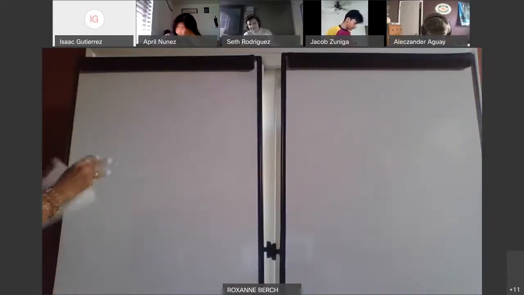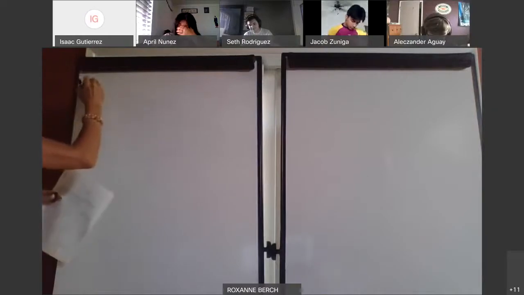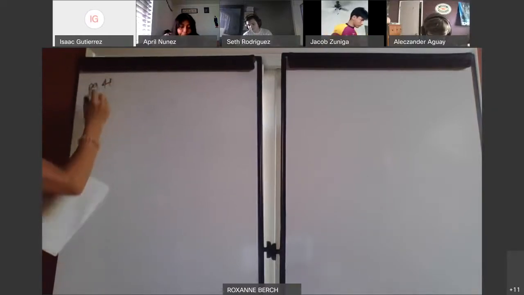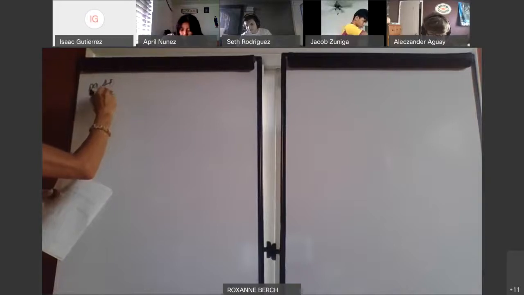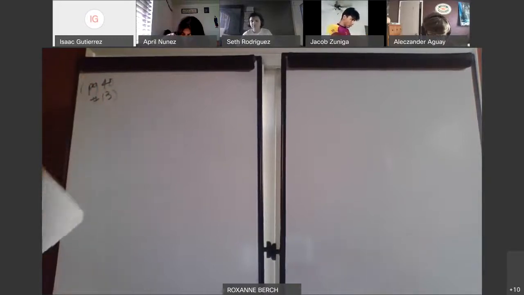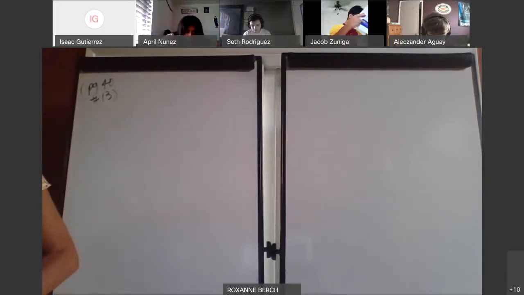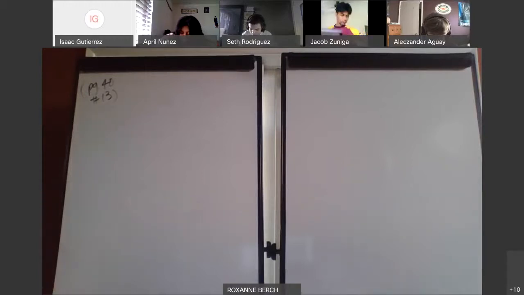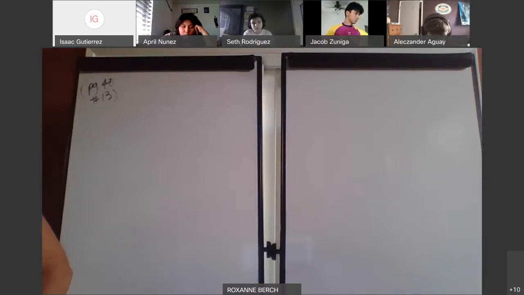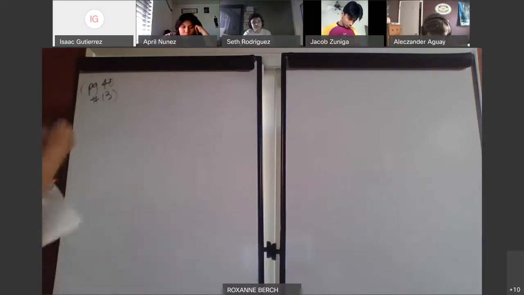So this problem is on page 40, number 13. And I'll read it. So it says, the netting of an empty hammock hangs between its supports along a curve that could be modeled by a parabola.